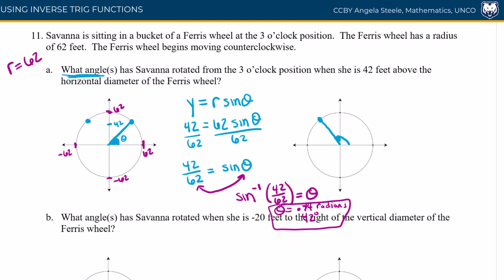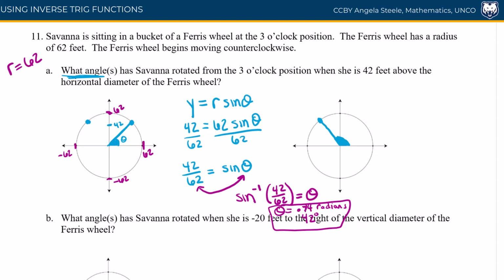We again always want to start from our 3 o'clock position. The reason why that domain question earlier was so important is because notice that this dot is in quadrant 2. On the previous problem, our dot was in quadrant 1. When we plugged it into our calculator, the calculator was able to give us an answer when we were in quadrant 1.